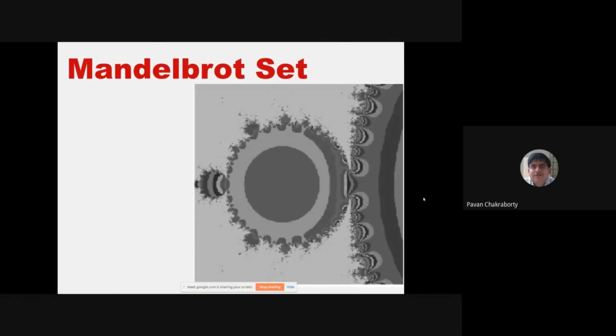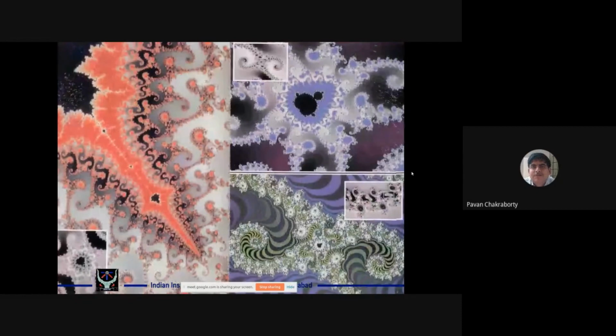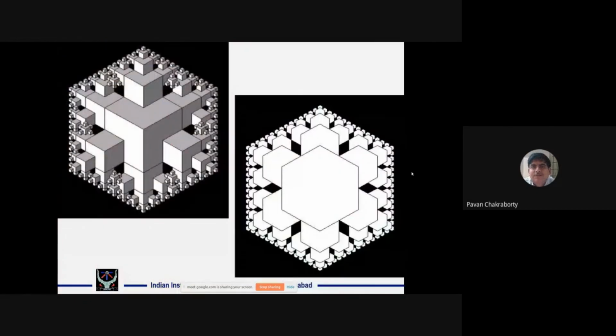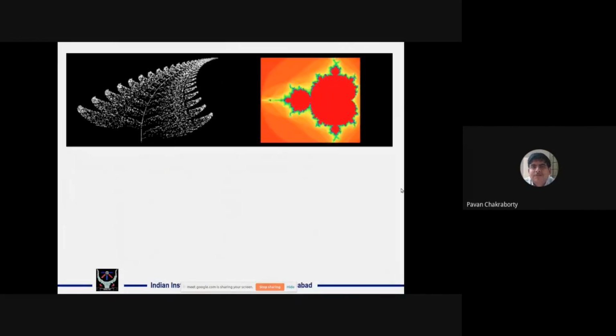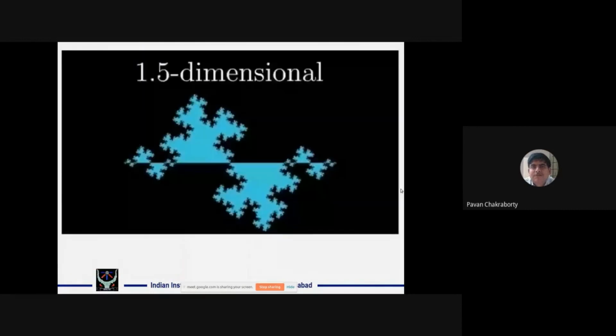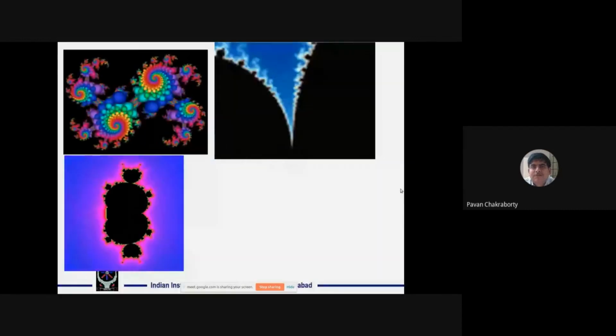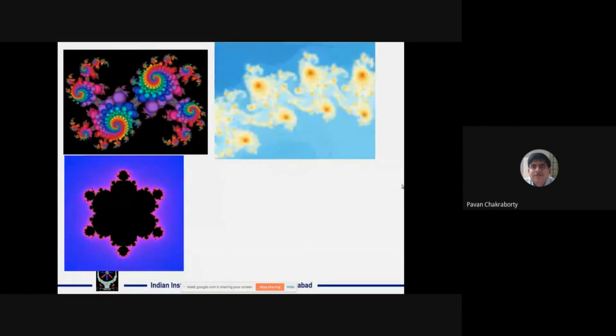So here you see the Mandelbrot set which is generated, and let me show you these Mandelbrot sets, just to show you in the beginning how it looks. So these are further sets of Mandelbrot sets. Let me see if I have the equation of the Mandelbrot set. Let's not bother about the equation. So here you see how this Mandelbrot set keeps changing.